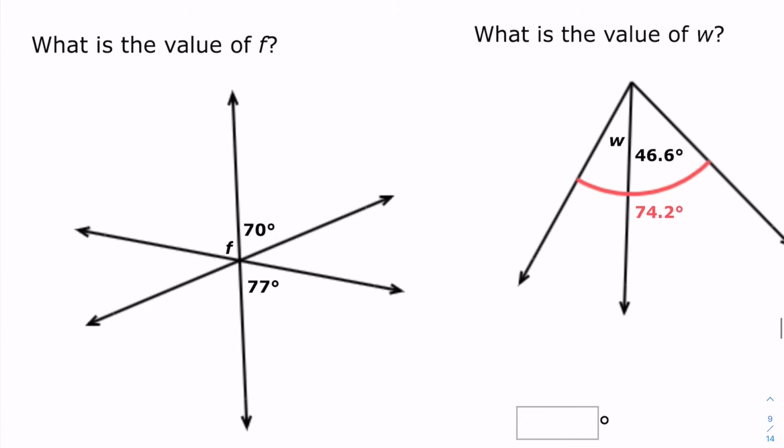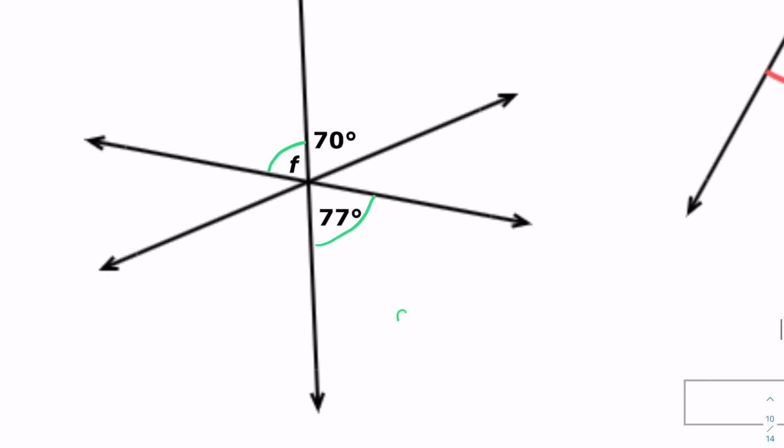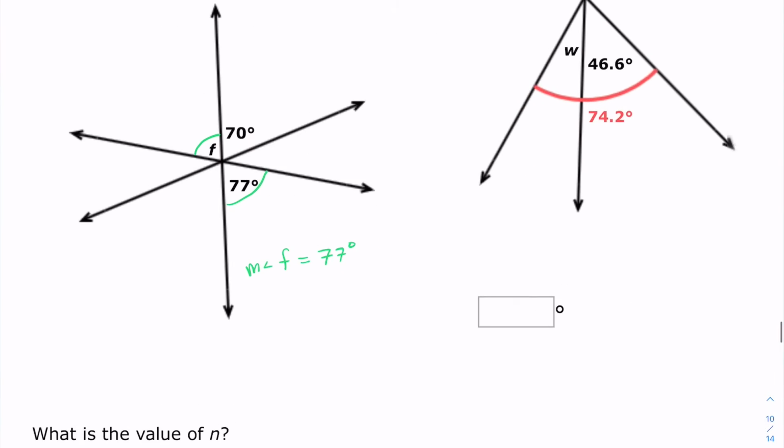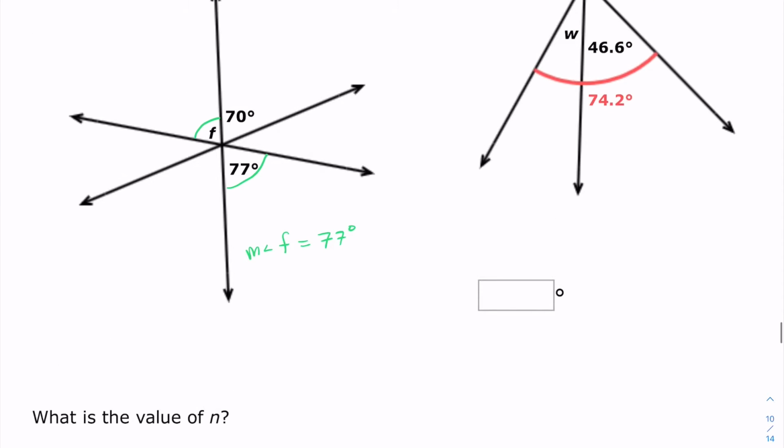Okay, so the next one here, it's asking you to find the value of f. F is a vertical angle, and what we know about vertical angles is that they are congruent. Therefore, the measure of angle F is equal to 77 degrees because it is opposite the 77.